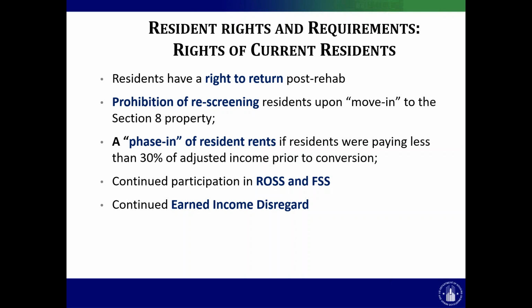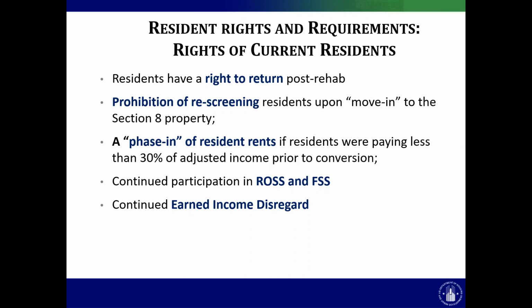Because public housing and Section 8 have somewhat different calculations of how tenant rents are calculated, if any residents see an increase in their payments as a result, then those increases can be phased in over a 3 to 5 year period. So this kind of buffers the increase for residents.